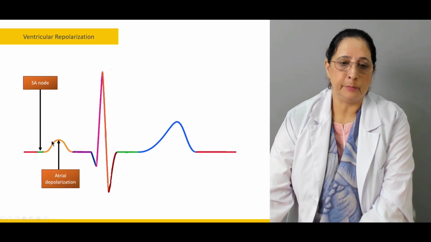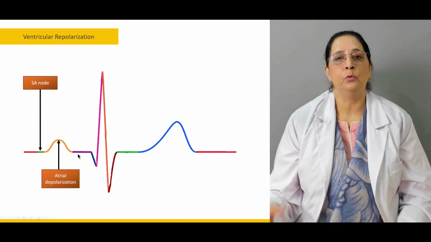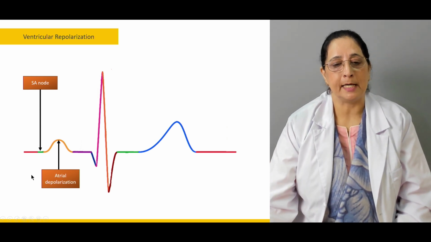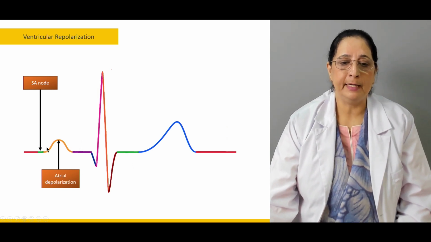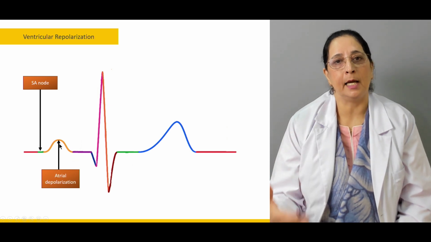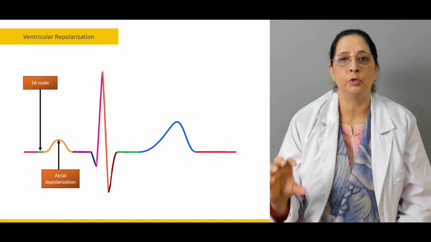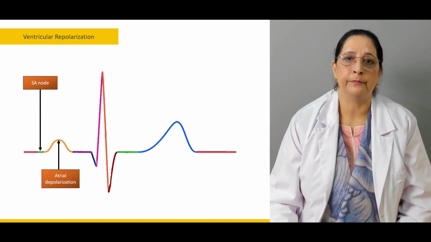So this first part is due to the SA node. Then we have this P wave. This is known as the P wave. This is due to atrial depolarization or atrial contraction. Any abnormality in the P wave gives us the idea that there is a problem in the conduction of the atrium.